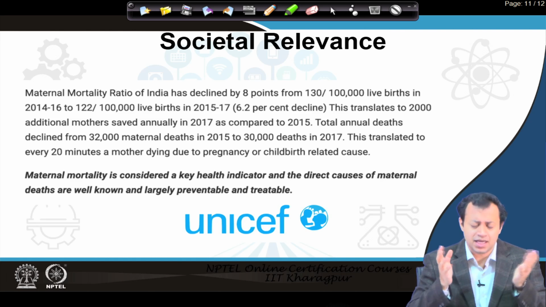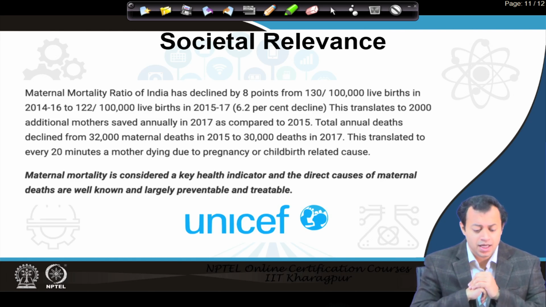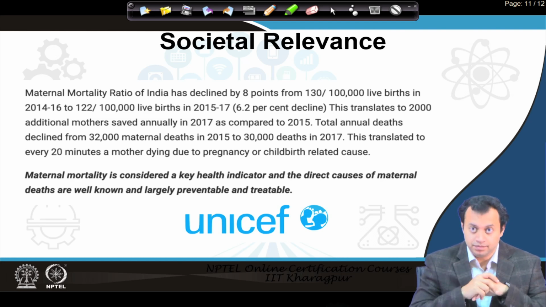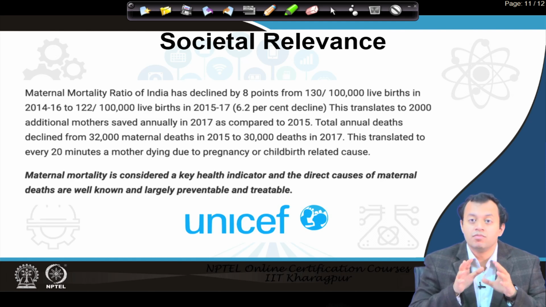That is basically the maternal mortality rate. So, if you look at the last few lines, every 20 minutes a mother is dying due to pregnancy or childbirth related causes in India. Okay? Women in my country are dying every 20 minutes from pregnancy or childbirth related causes.